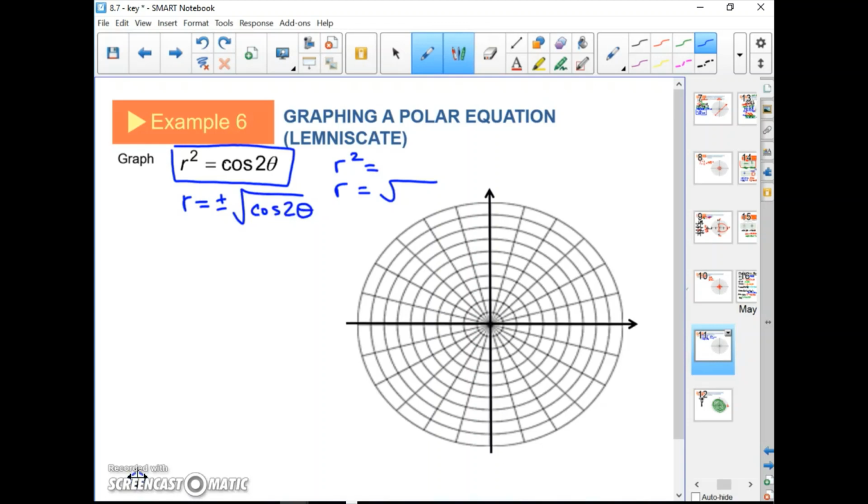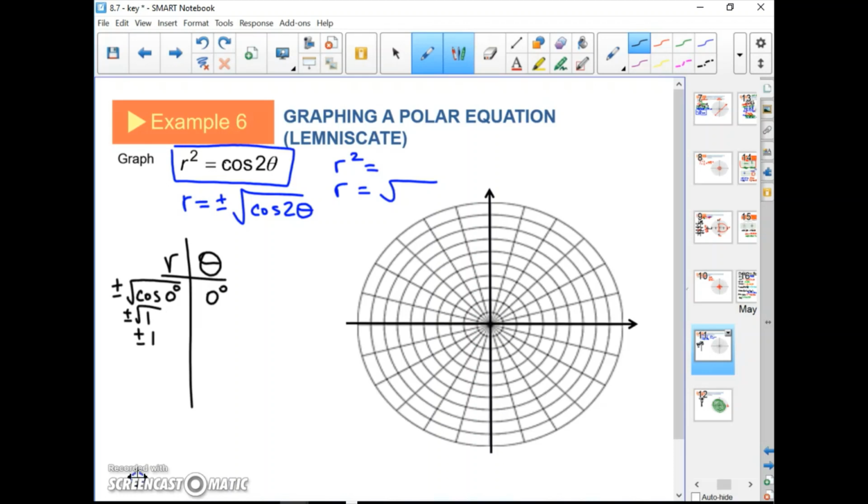And if I didn't have any graphing software, I would make a table, but this is going to be pretty difficult to do. I'd try 0 degrees, and I'd have plus or minus the square root of cosine 2 times 0, which is 0. And so cosine 0 is 1. I have plus or minus the square root of 1, so plus or minus 1.